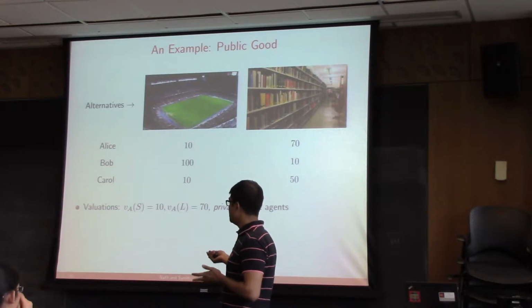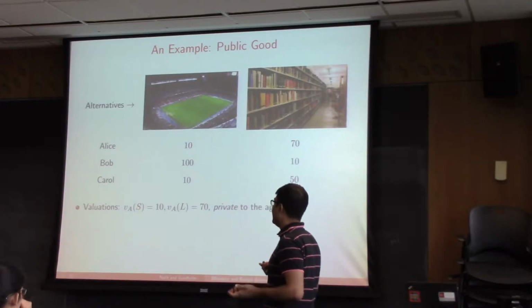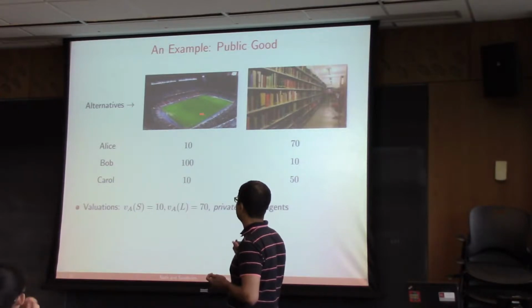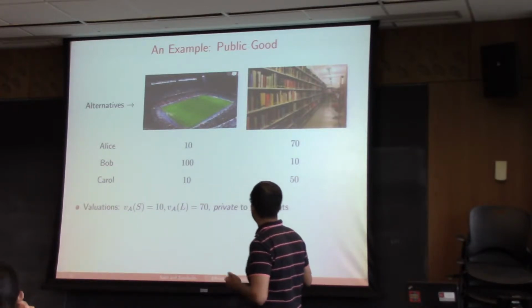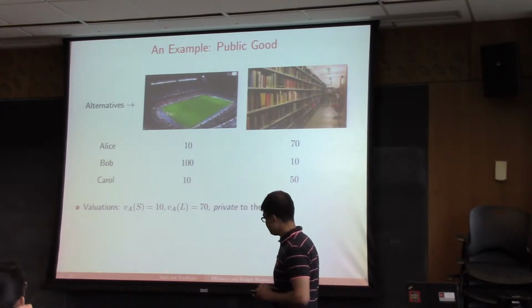We'll usually call them the valuations of the agents. In this case, if the soccer ground is built, Alice does not become very happy, so her valuation for the soccer ground is 10, while she is much happier if the library is built.